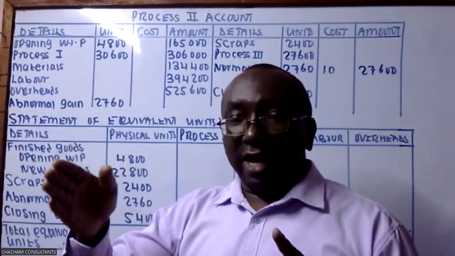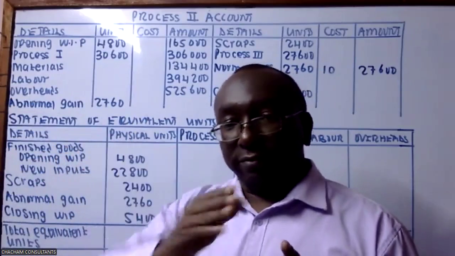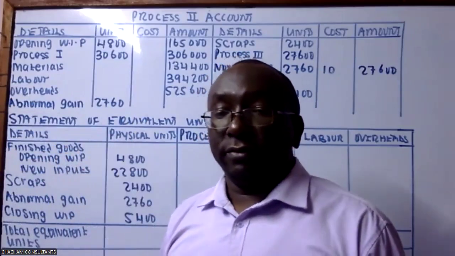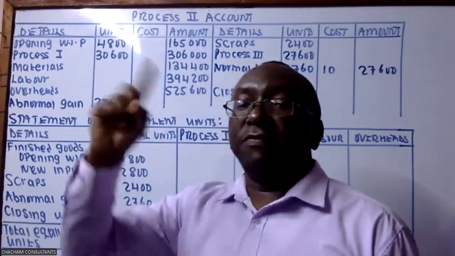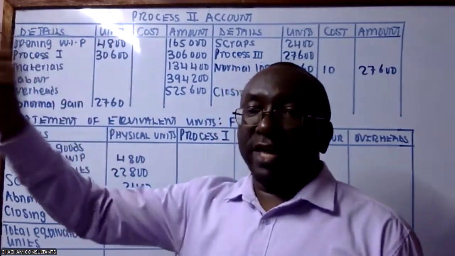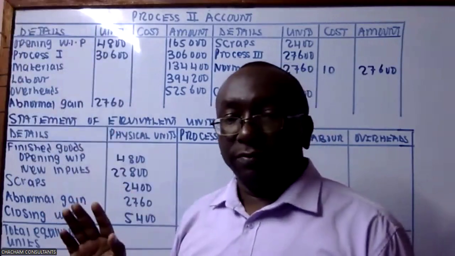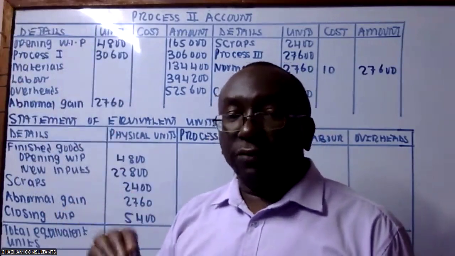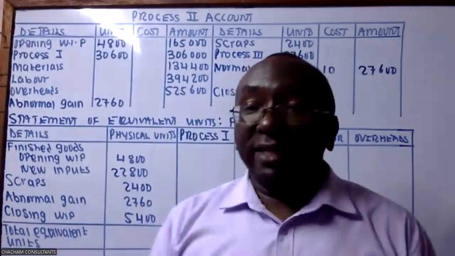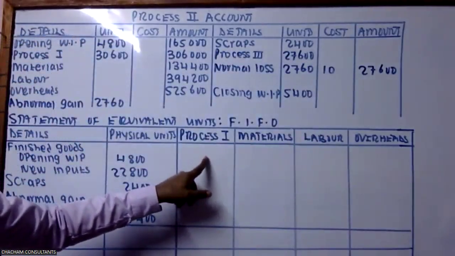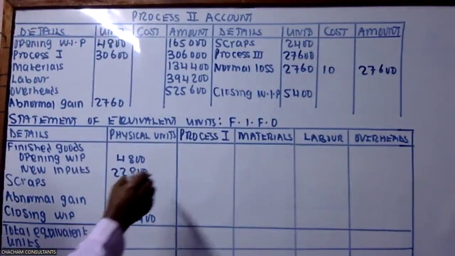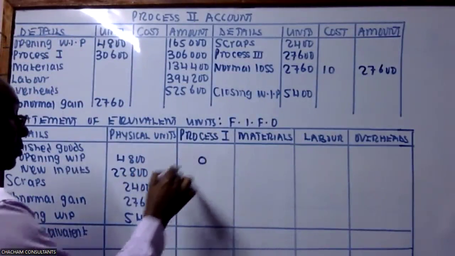So we have come today to continue them. But they had come from process 1, either yesterday or the day before. So as we account for them, we take that they have nothing in the previous process, so they are not given any cost, rather any unit. Let me just put 0.